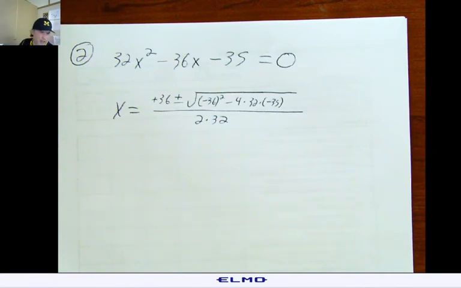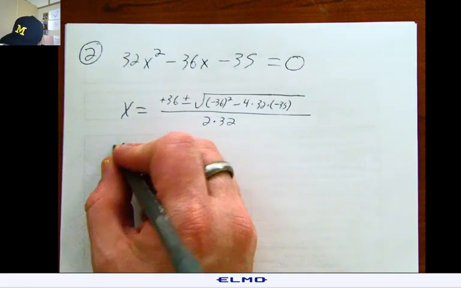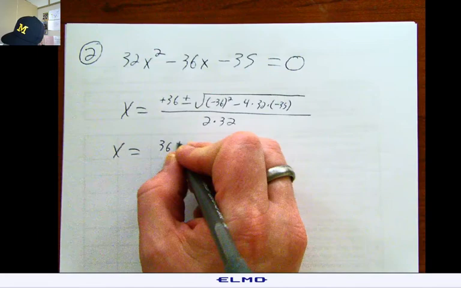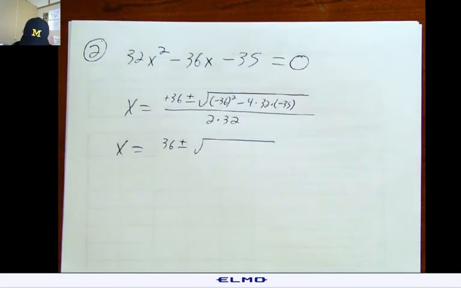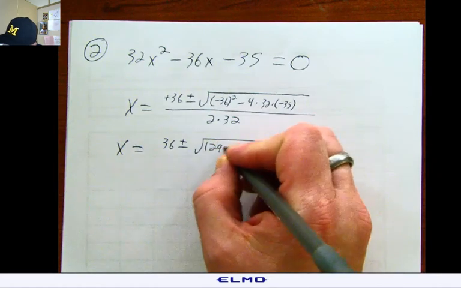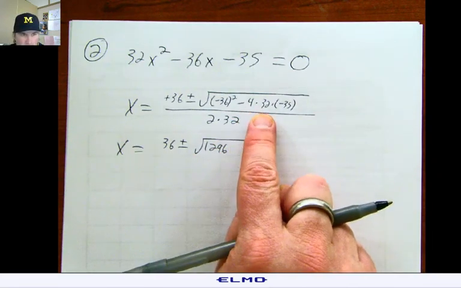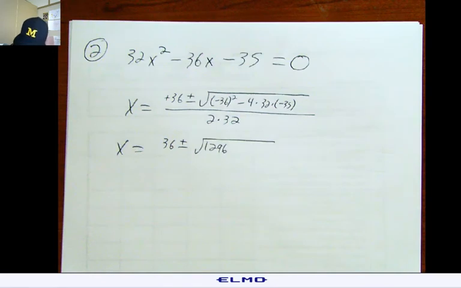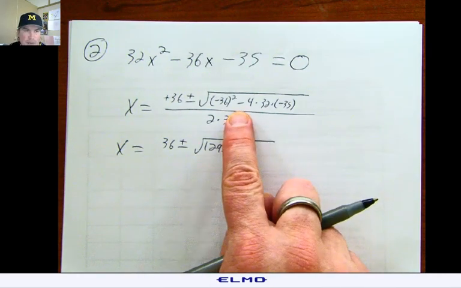These problems, I normally tell you to not use your calculator if you can avoid it, but in this particular case, I don't know 36 squared off the top of my head, and I wouldn't expect you to. So 36 plus or minus the square root of 36 squared, which is 1296. Negative 4 times 32 times negative 35, so 4 times 32 times 35. I'm keeping track of positive or negative.